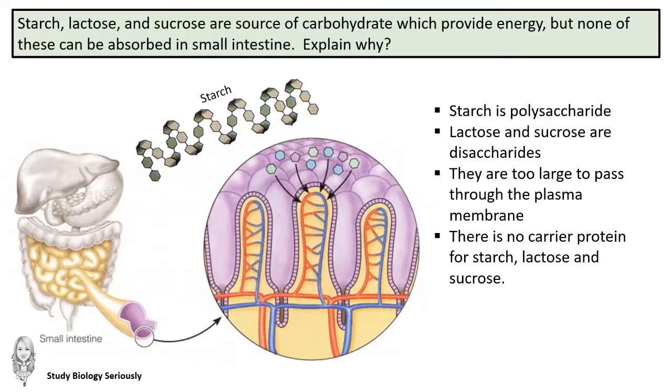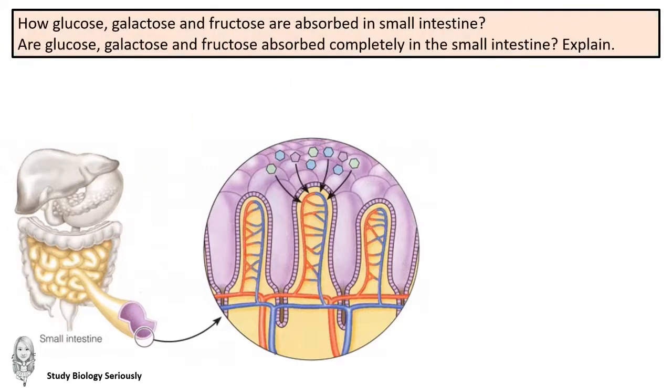So digestion is important to hydrolyze starch, lactose, and sucrose into the smallest molecules, which are glucose, galactose, and fructose. How are glucose, galactose, and fructose absorbed in small intestine? Are glucose, galactose, and fructose absorbed completely in the small intestine?